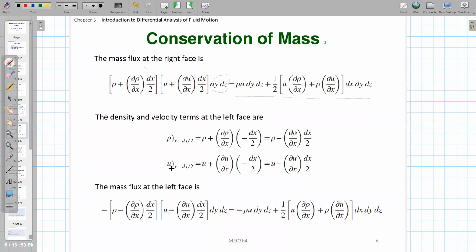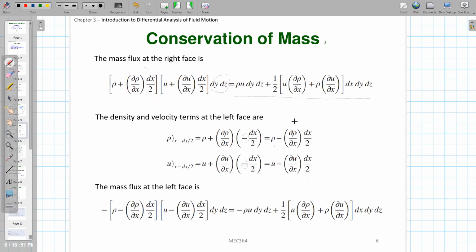Because it's also in the x direction, what's the velocity u on that negative x surface? The difference compared to previously is that dx is going in the negative direction, so you need to change the positive sign to a negative sign here. And so this will be the density and the velocity at the left face.